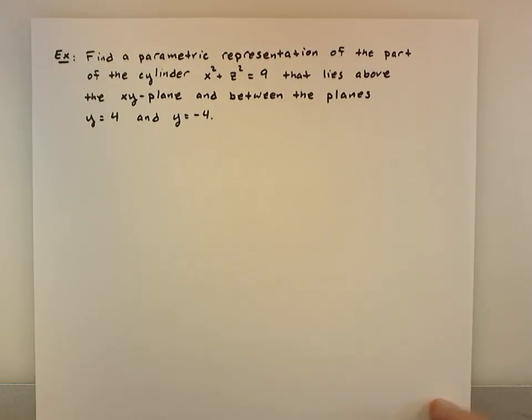Example: find a parametric representation of the part of the cylinder x squared plus z squared equals 9 that lies above the xy plane and between the planes y equals 4 and y equals negative 4.